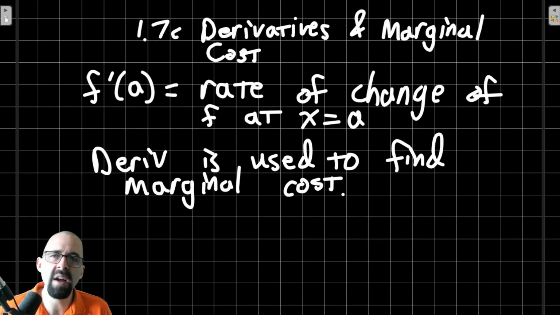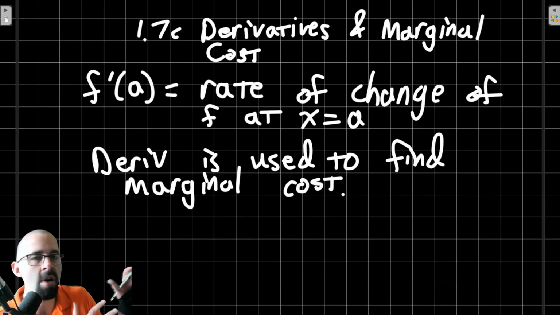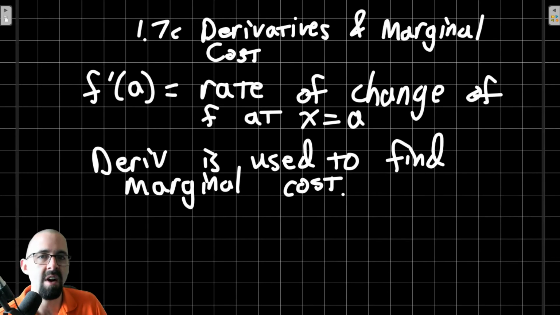If we have a cost function where the variable is the units produced, so let's say we're producing 100 units, then f prime of 100 would be the marginal cost at 100 units. It would be the cost of producing one more unit if we're already making 100. What's the extra cost? What's the added cost? We're going to be using these derivatives to approximate some other stuff as well. You might say, what other stuff, Jason? Stay tuned and find out.